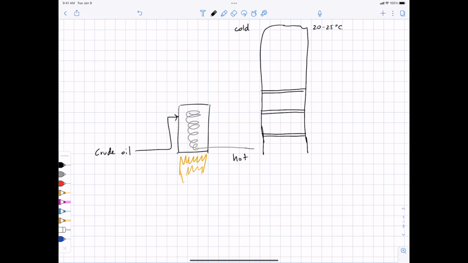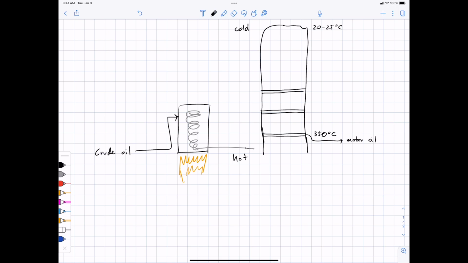So, for example, at about 350 degrees Celsius you have motor oil condense, okay? So if you're using not synthetic motor oil, but stuff that comes from crude oil, you're getting a mixture of hydrocarbons that condensed at 350 Celsius.